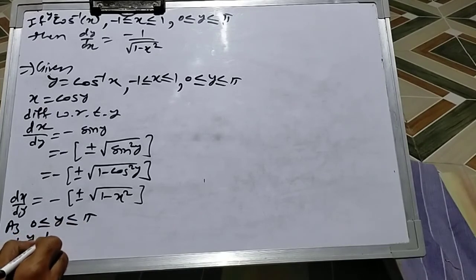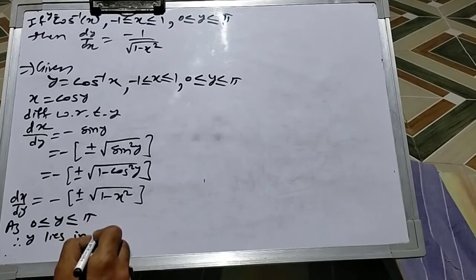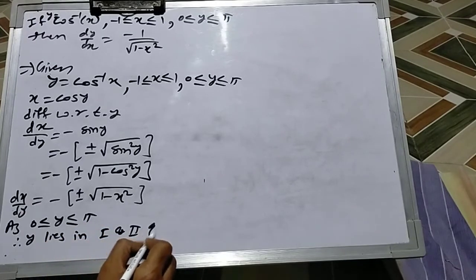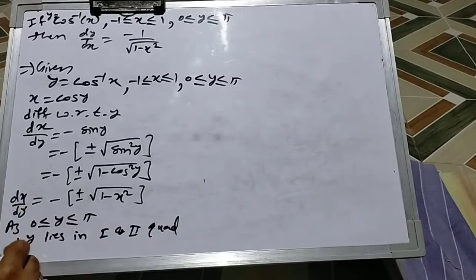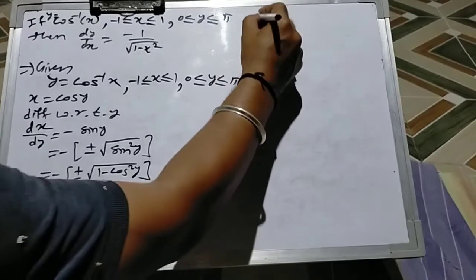So therefore y lies in the first and second quadrant. So therefore cos of y is positive.